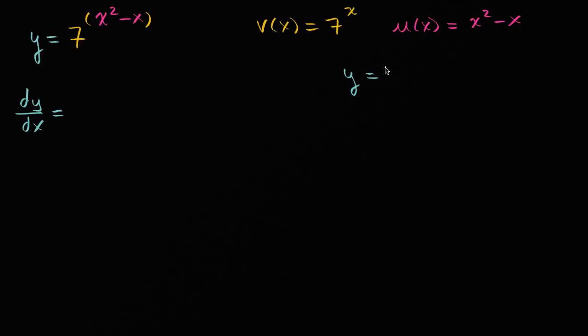So it's equal to v of, and it's not just v of x, it's v of u of x. Instead of an x here, you have the whole function u of x, x squared minus x. So it's v of u of x.